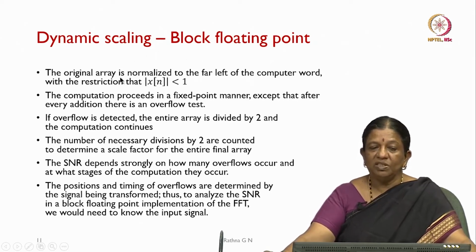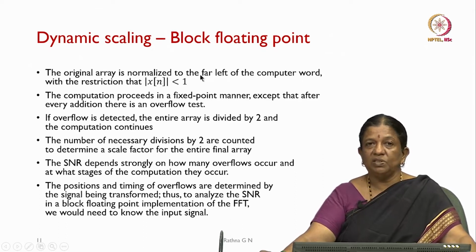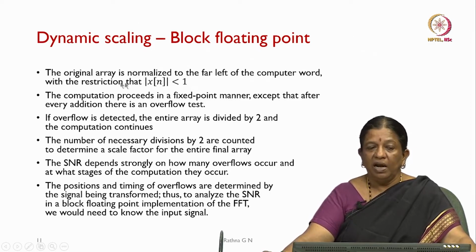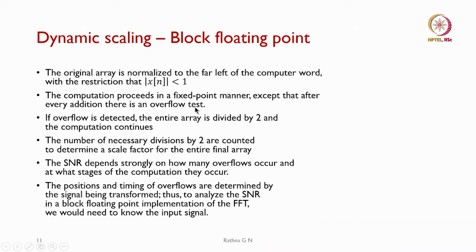What we say is the original array is normalized to the far left of the computer word with the restriction that the magnitude of x of n is less than 1, and the computation proceeds in a fixed point manner, except that after every addition there is an overflow test.